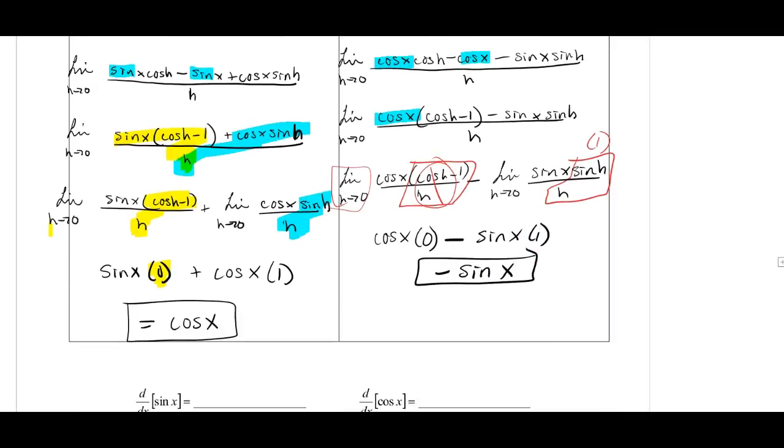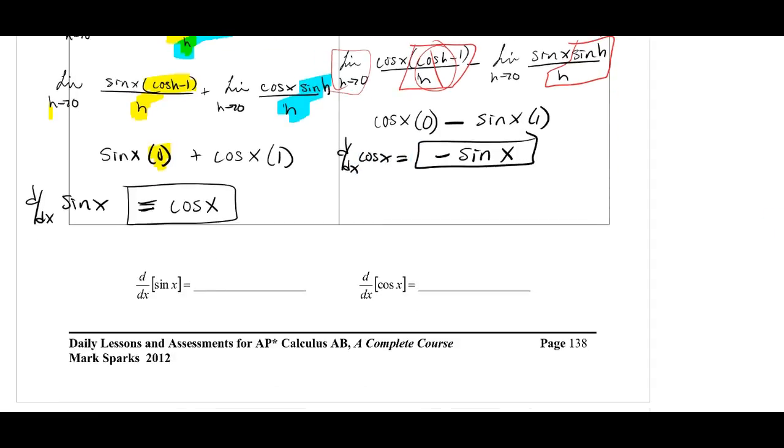So d/dx, the derivative of sine x equals cosine x. And the derivative of cosine x equals negative sine x. You can fill that in down here. Derivative of sine is cosine x, and the derivative of cosine is negative sine x.